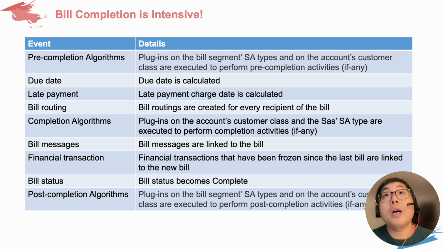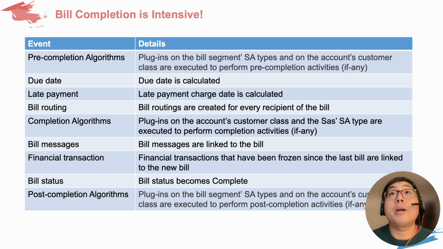The late payment charge date can be calculated, and we'll probably talk later about where its algorithm can be defined and how it can be changed. Once these validations are done, next is bill routing. Bill routing is basically who should receive the bill.